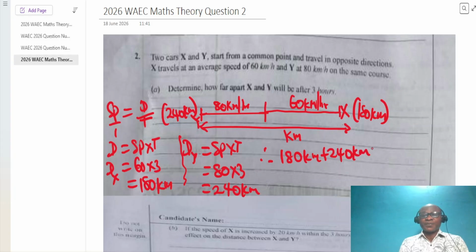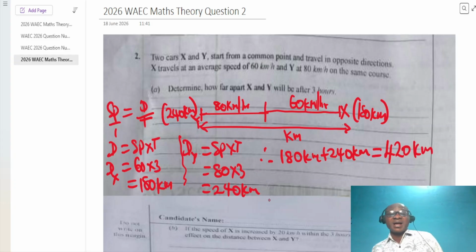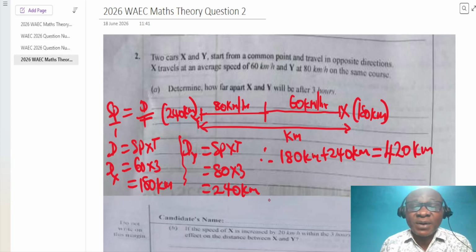We add the two, and when we add 180 plus 240, that is going to give us 420 kilometers. So the distance apart between X and Y is 420 kilometers. This is the answer that is expected from this question number 2A.